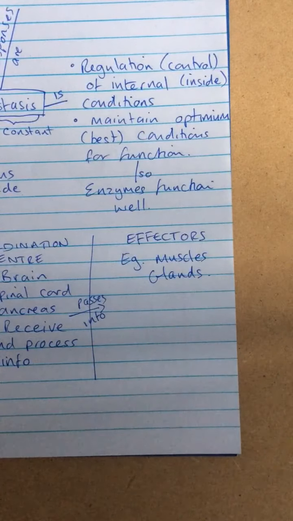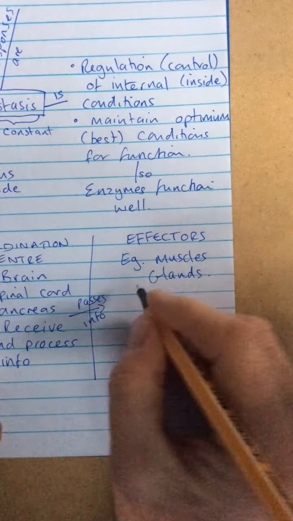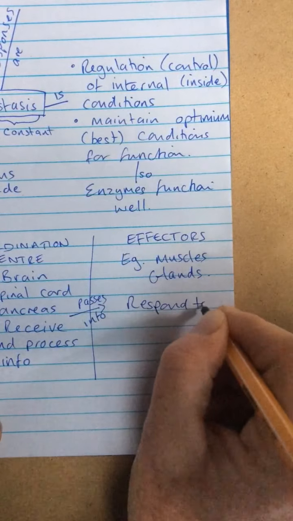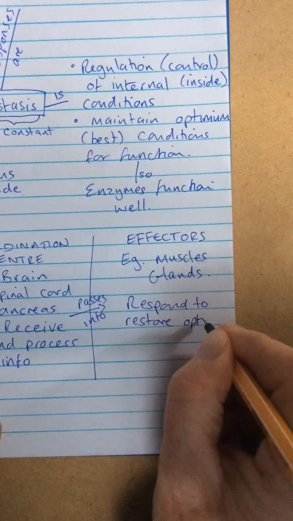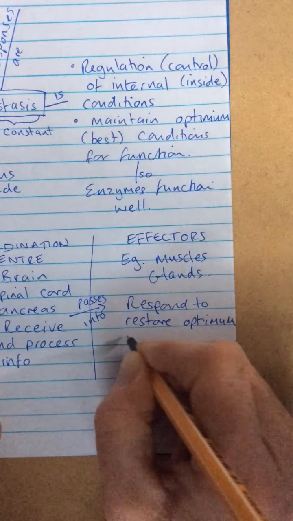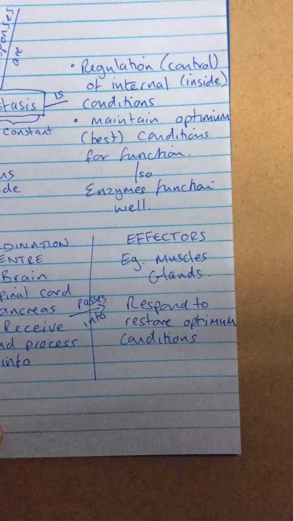And they do the doing. So they respond to information from the coordination centre and they restore the optimum conditions. So if we write that down, they respond to restore optimum conditions.